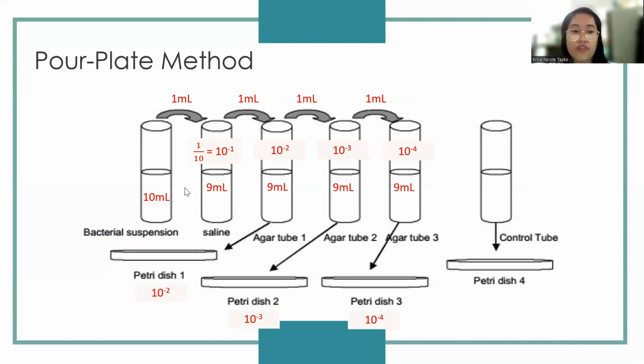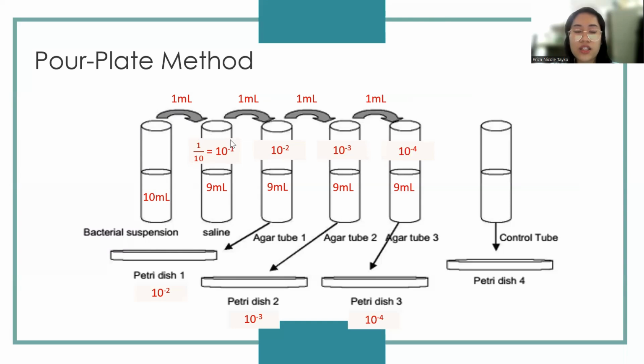So say, for example, you have a bacterial suspension that measures 10 ml in volume. Then you will get 1 ml of that bacterial suspension and put it in a sterile saline measuring 9 ml. So that test tube will result in a solution of bacteria that now contains 10 ml.